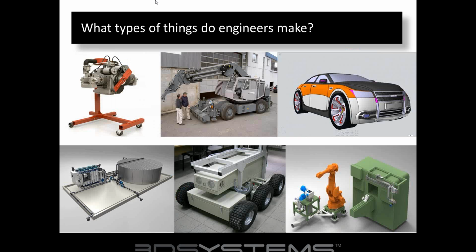There's a broad scope of different products that can be created in Alibre Design. It's an open-ended modeling system. So on this screen we have some examples of things that a typical engineer would make, anything from a plant to a robot to a car body. All of these things can be done in our higher tiers of the Alibre Design software.